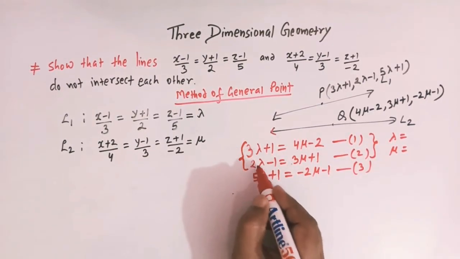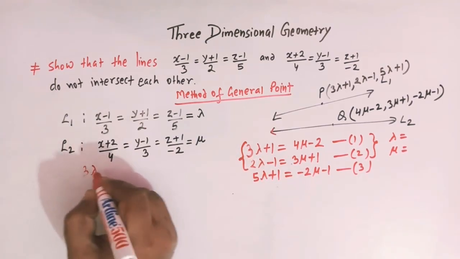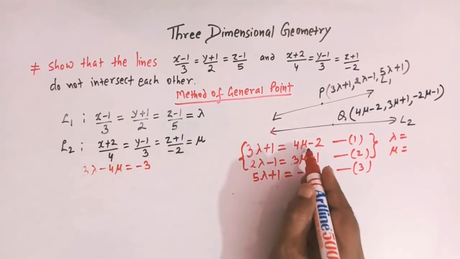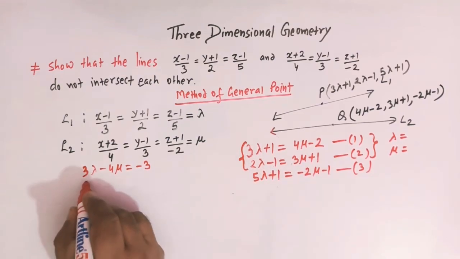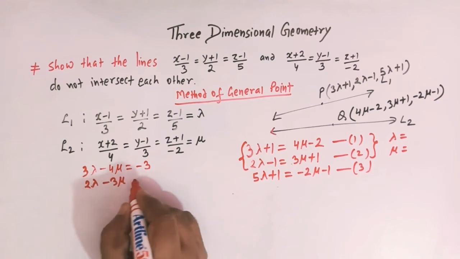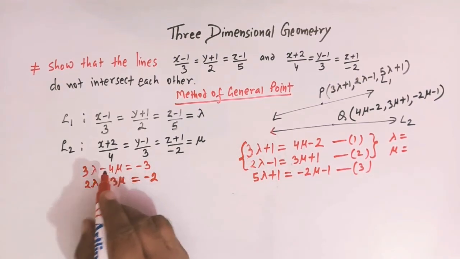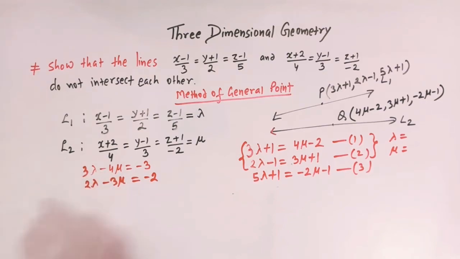So let us rearrange them. First we'll get 3λ - 4μ = -3 from equation 1, and then from equation 2 we have 2λ - 3μ = -2, right? So now we have these two linear equations in λ and μ.